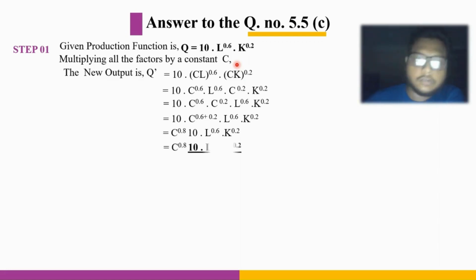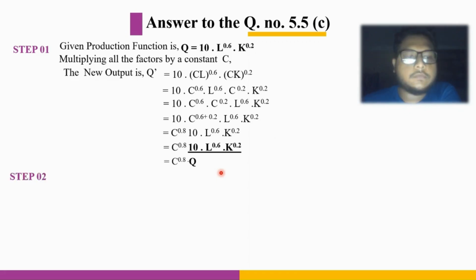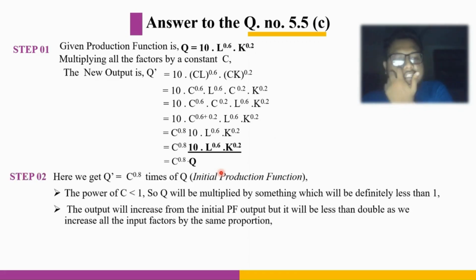If you are closely looking, then this portion is absolutely similar to this production function. So we can say c to the power 0.8 into q. So in step 2, if we do some analysis, we got c to the power 0.8. So 0.8 is definitely less than 1. So q will be multiplied by something which will be definitely less than 1.